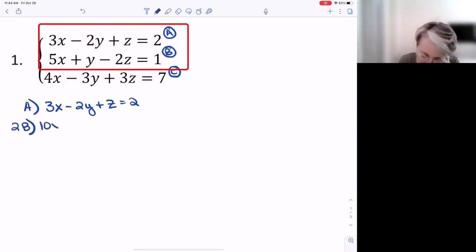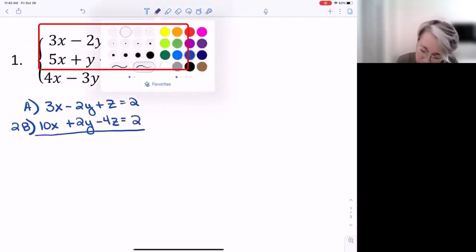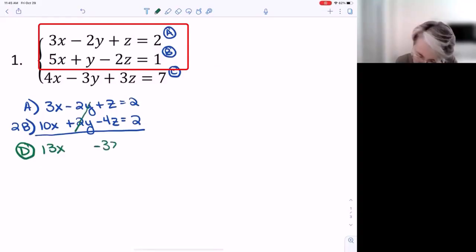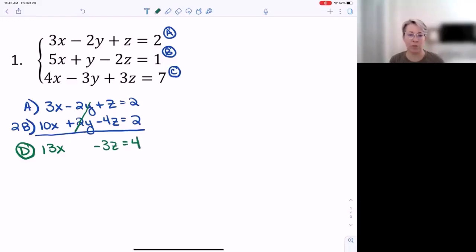That would give us 10x plus 2y minus 4z equals 2. Now we can combine these two equations and come up with a new equation. We'll call it equation D. That gives us 13x, the y's are gone, minus 3z equals 4. So now I have one equation with two variables.